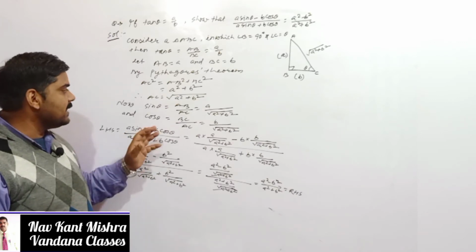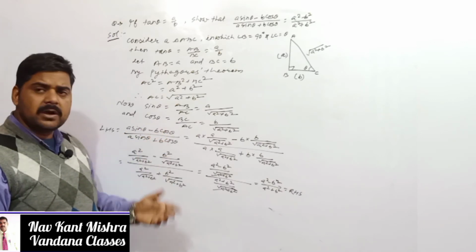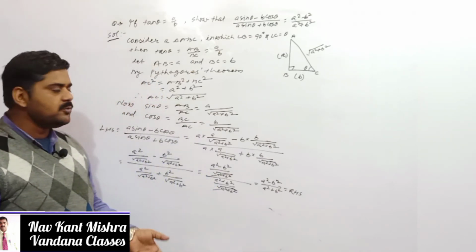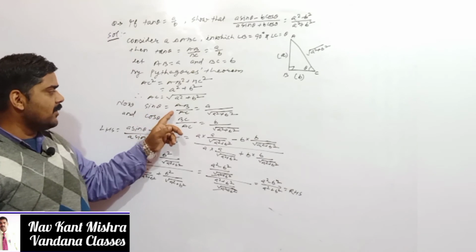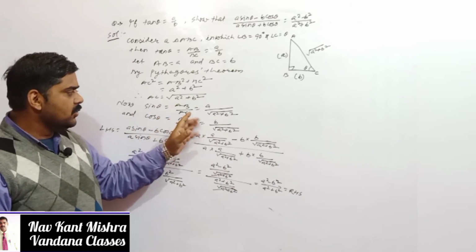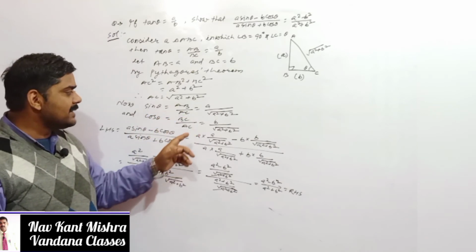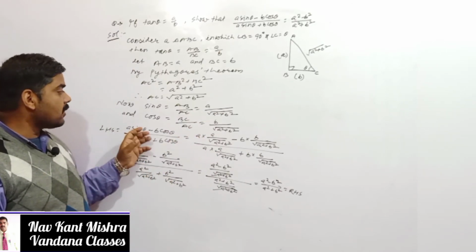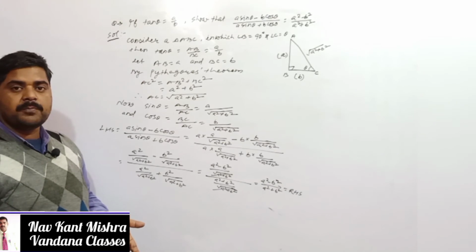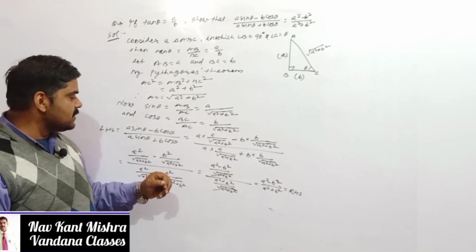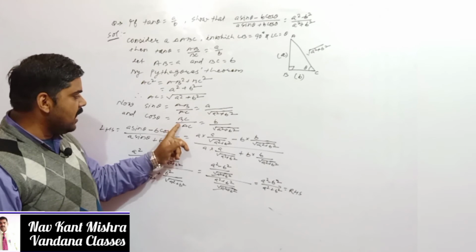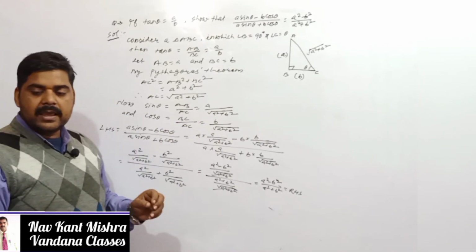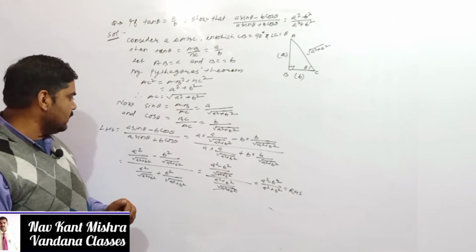Now sin theta is equal to AB upon AC, because you know that sin theta is equal to perpendicular upon hypotenuse, and this is why sin theta is equal to AB upon AC, which is equal to a upon square root under a square plus b square. And cos theta, you know, is base upon hypotenuse, so it is equal to BC upon AC, which is equal to b upon square root under a square plus b square.